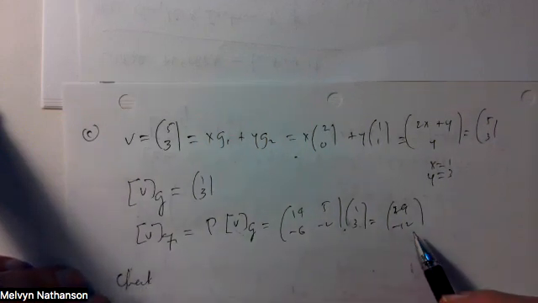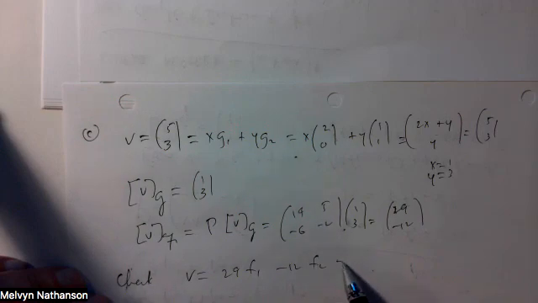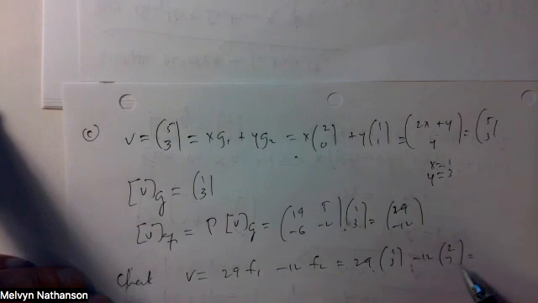So this says V is supposed to be equal to 29 F1 minus 12 F2. That's 29 times F1, which is 1, 3, minus 12 times F2, which is 2, 7. So this is 29 minus 24, which is 5.